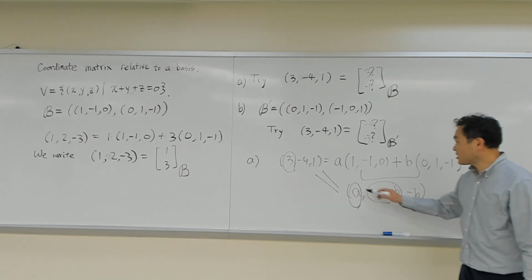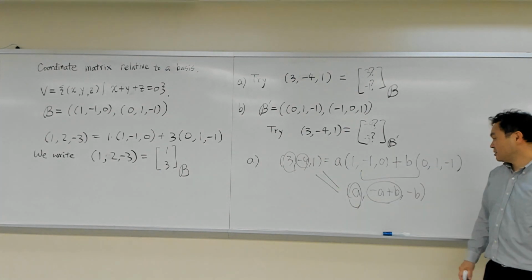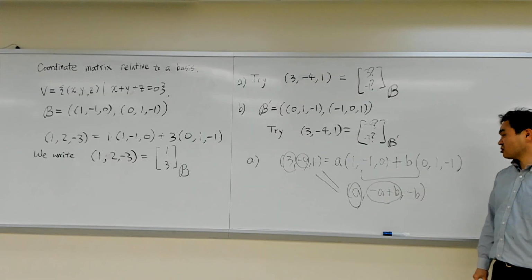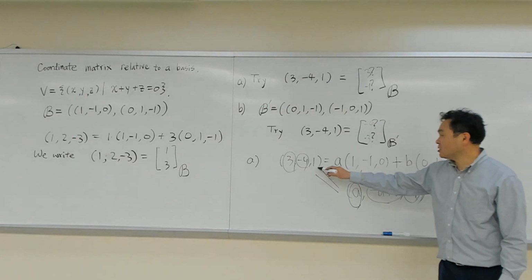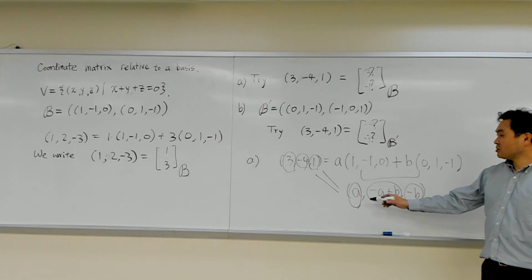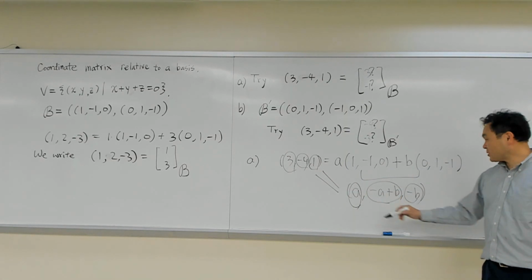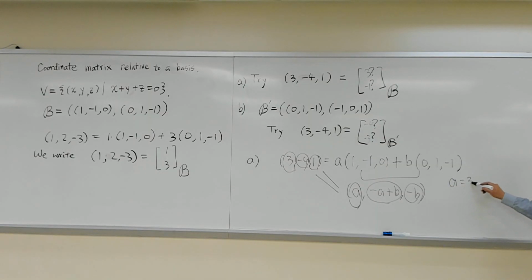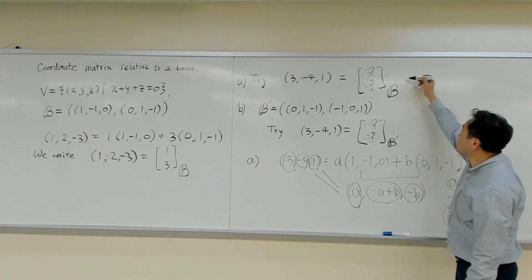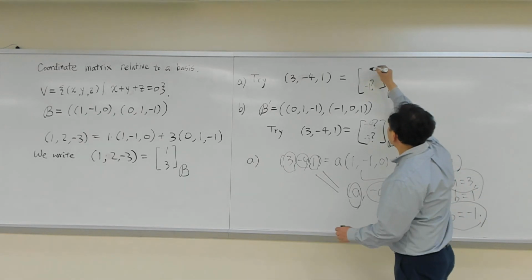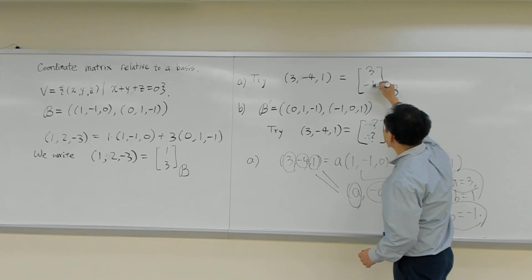And if you look at the second one, negative a plus b has to be negative 4, and negative b has to be 1. But while doing this, you already found out that a has to be 3, and negative b has to be 1, which means b is equal to negative 1. So you get 3 and negative 1, and therefore you put 3 here and negative 1 here.